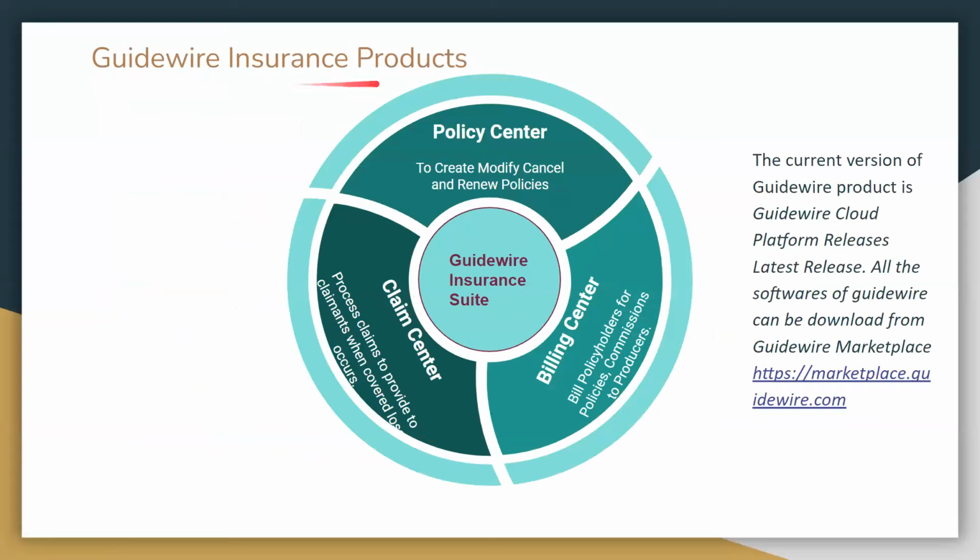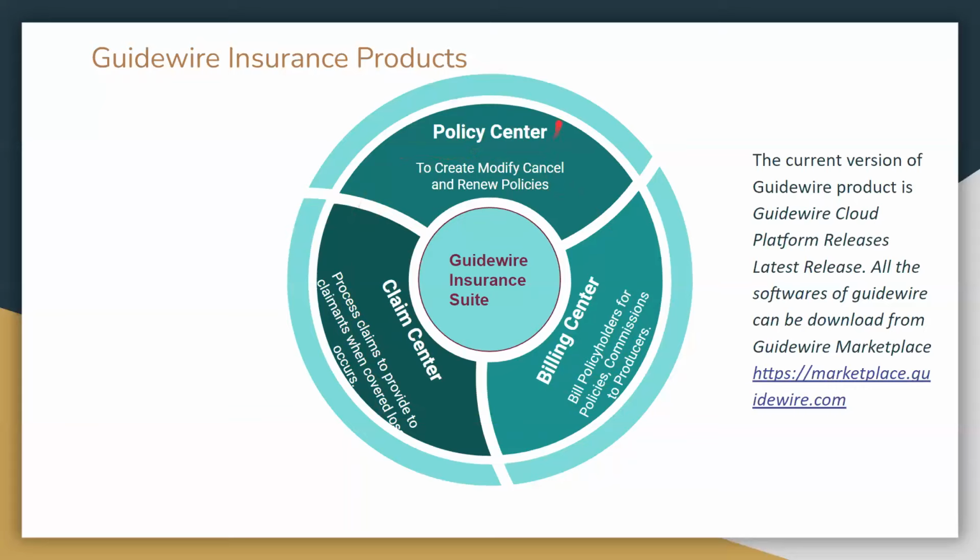Okay, so Guidewire insurance products. As I told in the previous slide, Guidewire has three main products. The first one is PolicyCenter, next BillingCenter, and third ClaimCenter. All three are interrelated or integrated in any project.